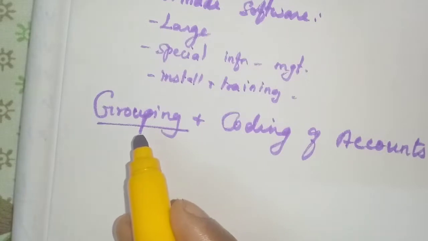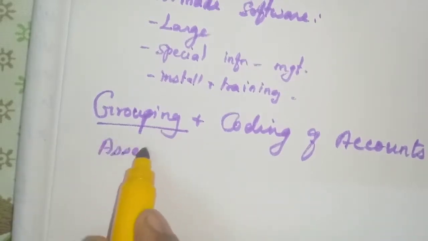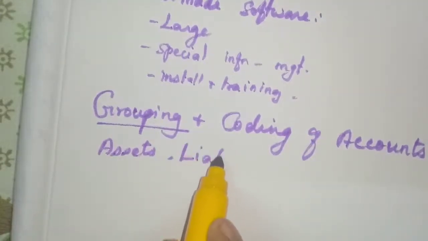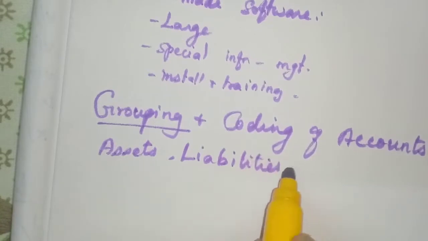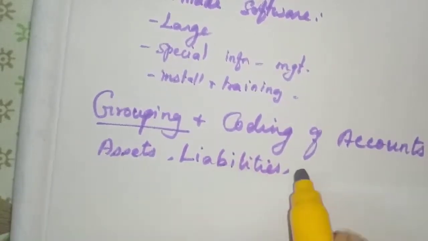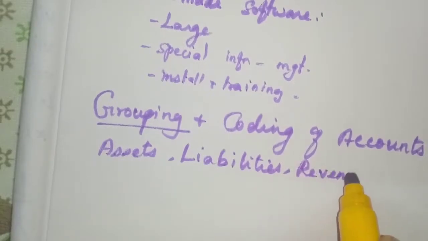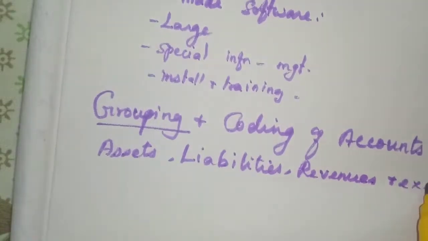First they will group assets together, then liabilities, then the profit and loss items, revenues and expenses.